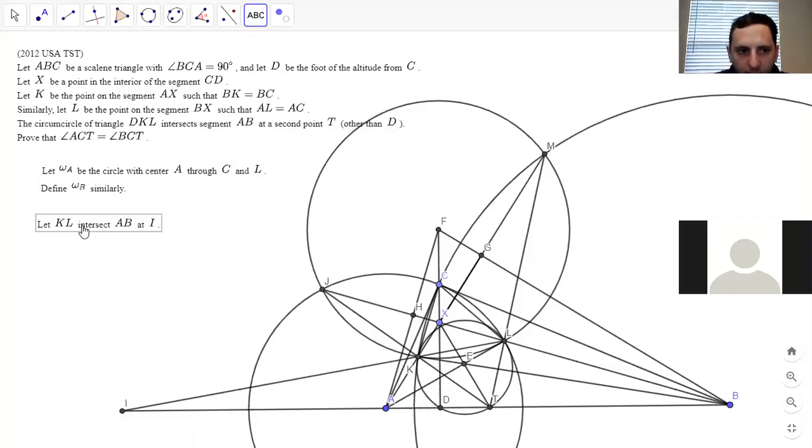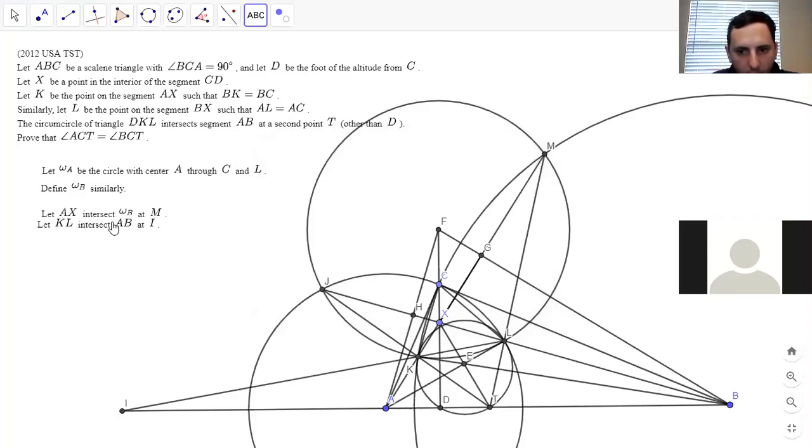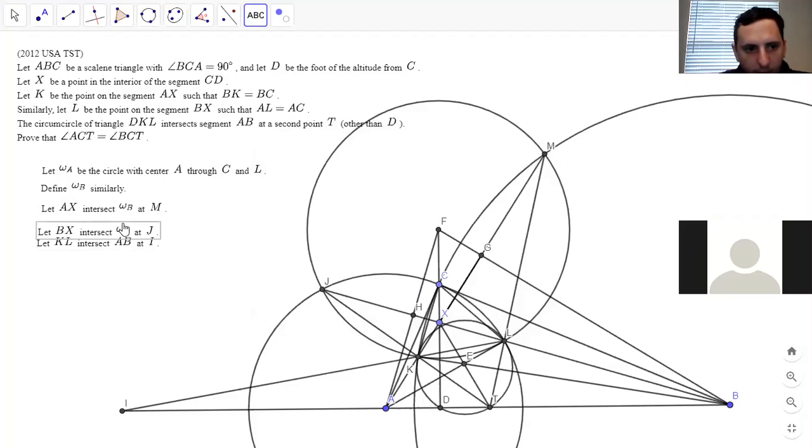Let AX intersect omega B at M, and let CX intersect omega A at J. Okay, and then we want to show JMKL is cyclic.